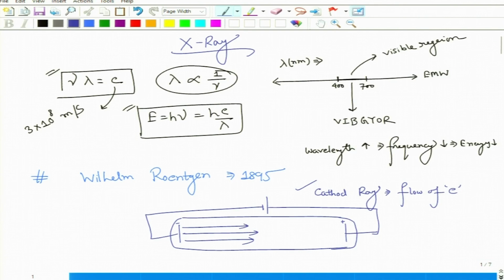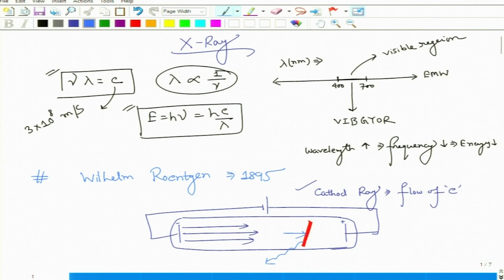So this is the cathode ray, electrons were moving in the cathode tube, and he kept a solid here, some solid species in the trajectory. So what he obtained was that when this cathode ray collided with this metal, one ray came out from that metal, an unknown ray.